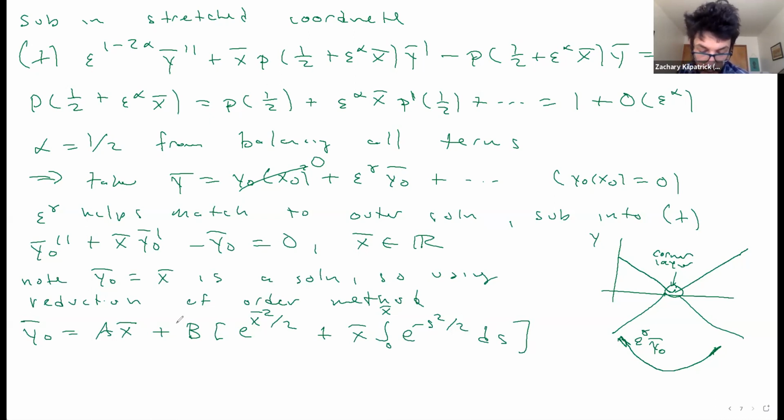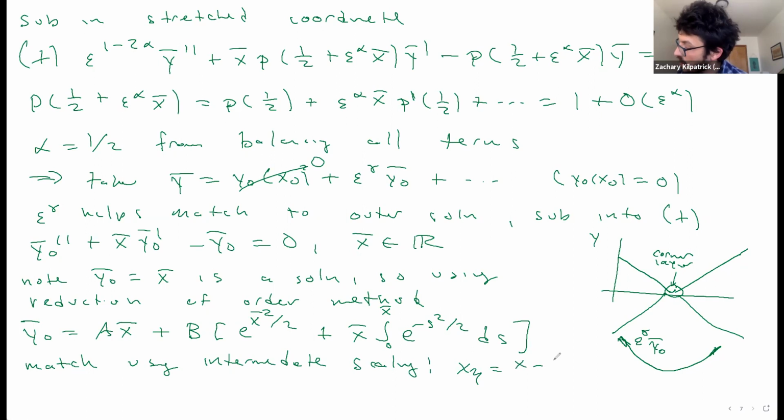But if we want to now look at matching in this case, we're going to match using intermediate scaling as we have in the past. The idea is just to take some intermediate variable x eta, where we have x minus a half over epsilon to the kappa, and kappa is going to be some scaling between 0 and a half.